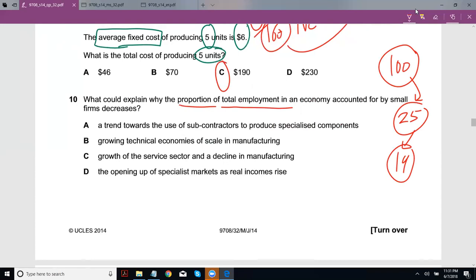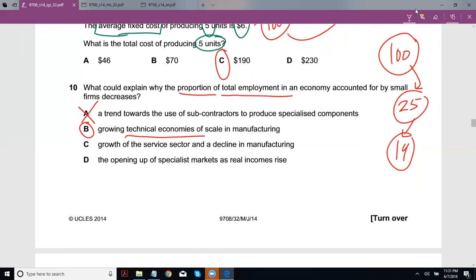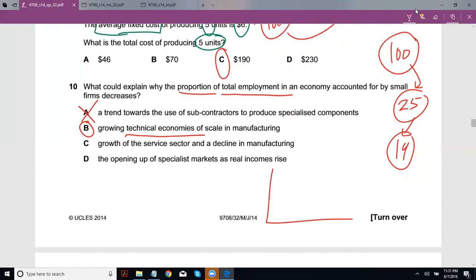So let's see. A trend towards the use of subcontractors to produce specialized components encourages small firms, not drives them out. Growing technical economies of scale in manufacturing, I would believe so, because technical economies of scale help you increase your minimum efficient scale, the particular output where average cost falls to its minimum point.